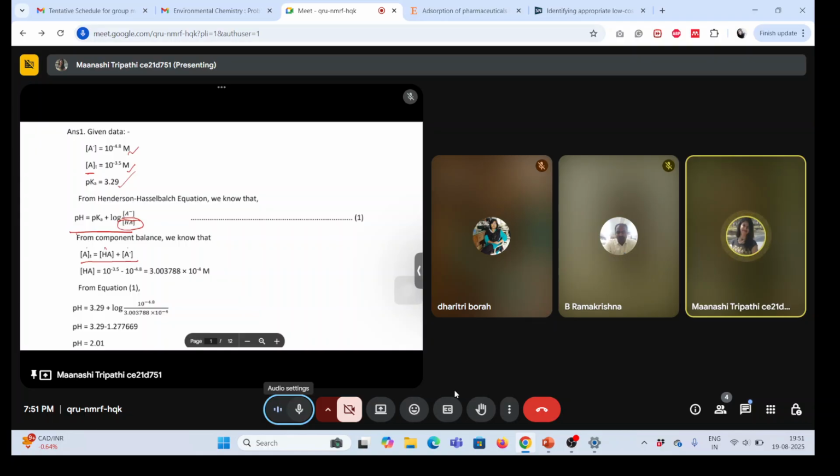HA we can easily calculate, and just by putting it in the equation we will get the pH. While solving questions in the examination, be very careful whether AT is given or HA is given. Please note this down.